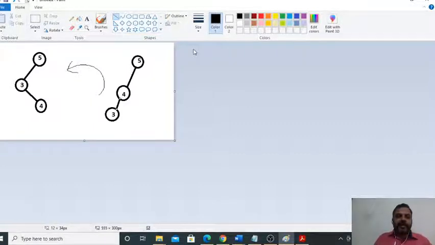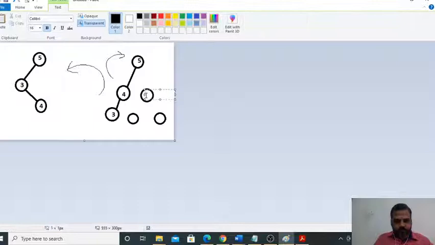Okay, and again we have to do one right rotation. So right rotation means in this direction. Okay, we got to move the node. If you're moving the node, so 4 will become the root, 3 will be as it is, and here 5 will be node.